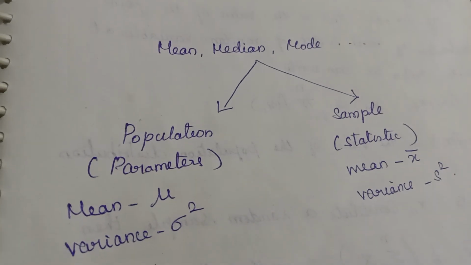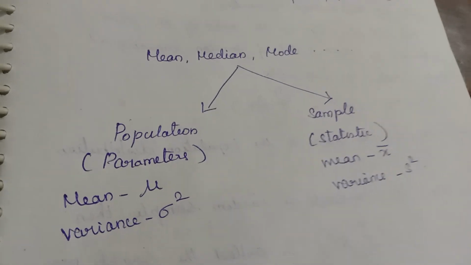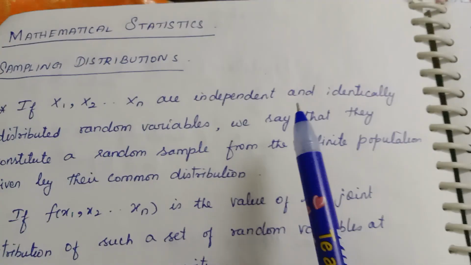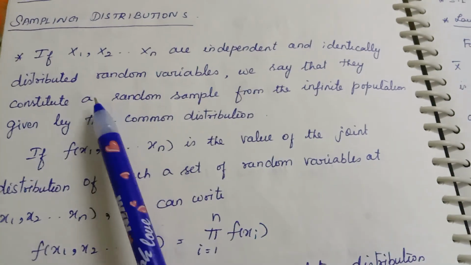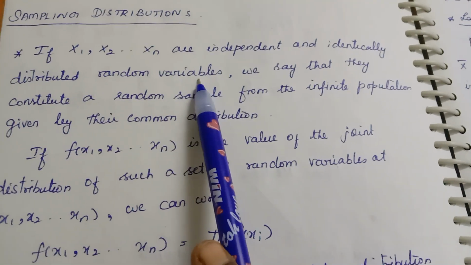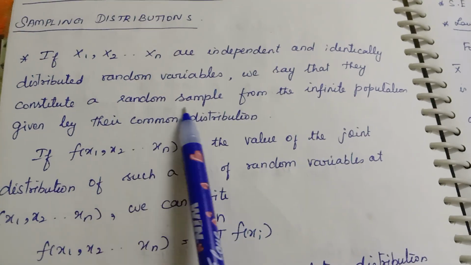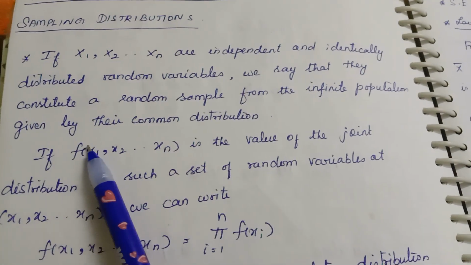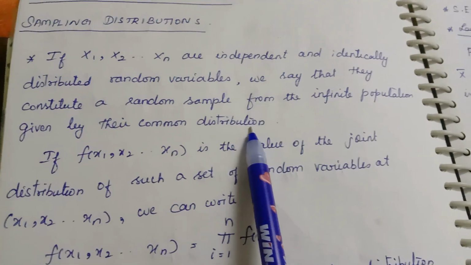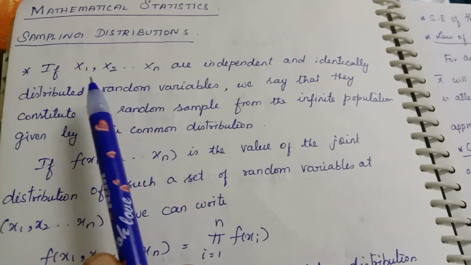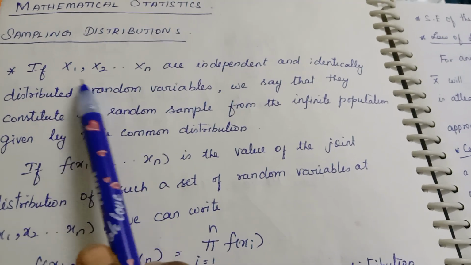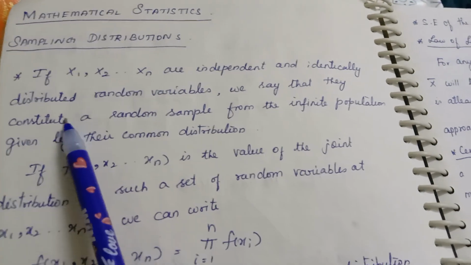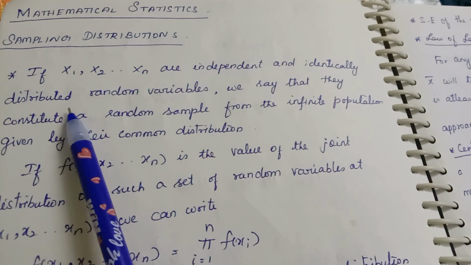With this introduction, let us study sampling distributions. If x1, x2, ..., xn are independent and identically distributed random variables, we say that they constitute a random sample from the infinite population given by their common distribution. Here each one is independent, meaning they are not dependent, and identically distributed means they all have the same distribution.